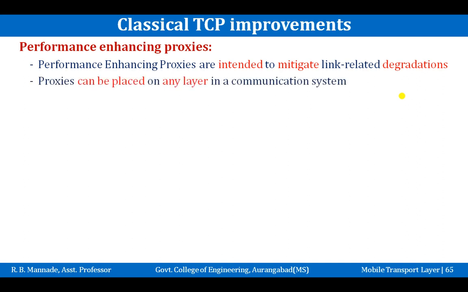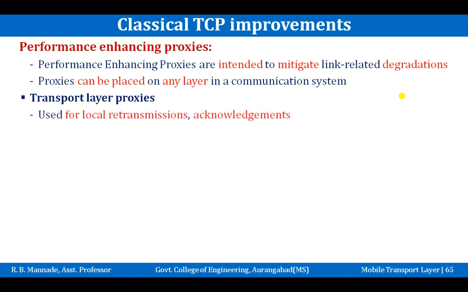The proxies can be placed in any layer in the communication system. For example, at the transport layer we can have proxies, and proxies at the transport layer are used for local retransmissions or acknowledgements, which are used in the case of, say, snooping TCP.